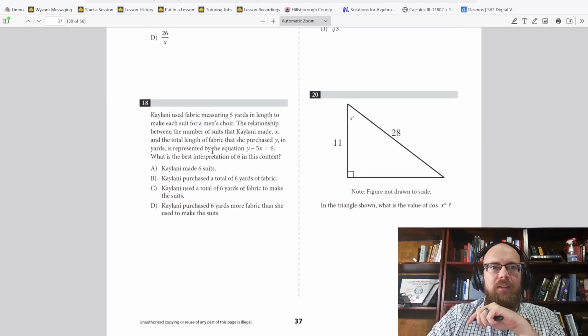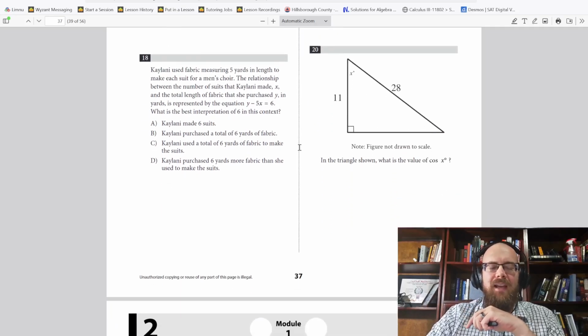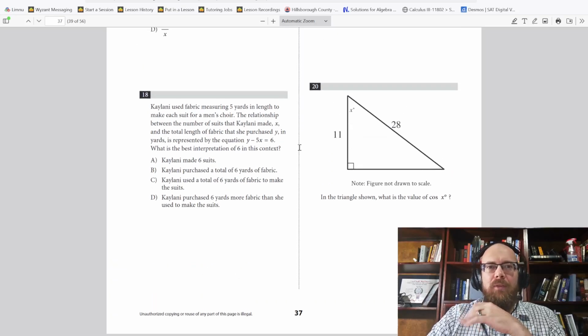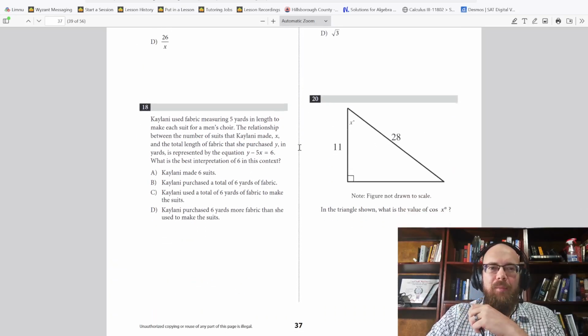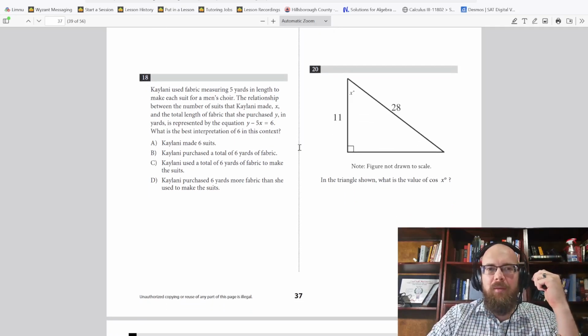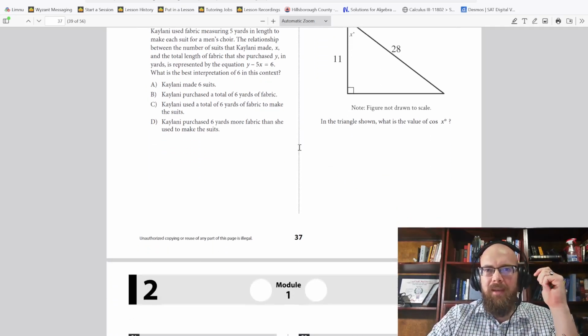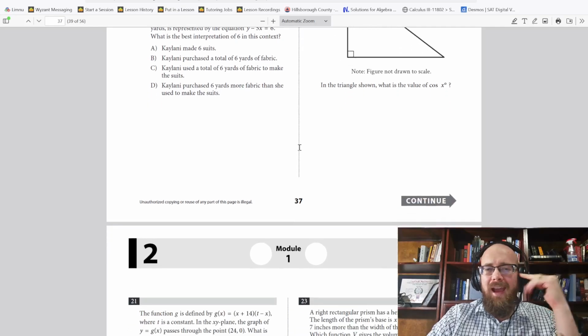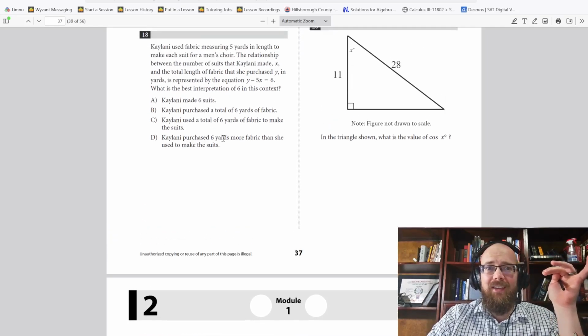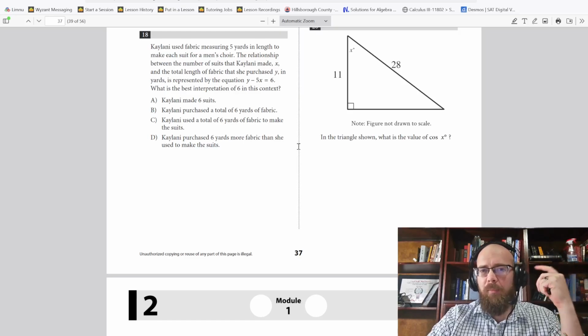I think it was this one. Yeah, 18 was worded kind of weird, but D was the only choice that made sense out of the four. Even though it was worded weird, I wouldn't waste any time coming back to that one because there's no other choice that makes any sense other than D. I don't know if I would have worded it like that, because I think that's worded really dumb, but they do that on purpose sometimes to throw you off.